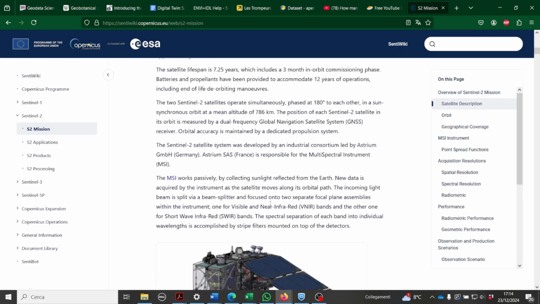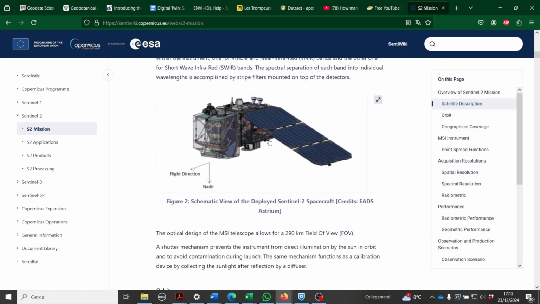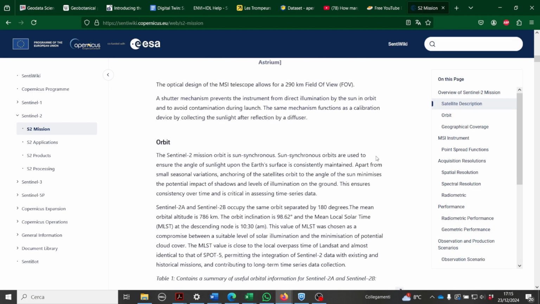The MSI, the multispectral instruments, is a passive sensor, and you can see here what is the design and what it is able to acquire. And this is the schematic view of the spacecraft with the solar panel and all the instruments in this kind of boxes here. And concerning the orbits, we already mentioned the fact that they have an orbit separation of around 180 degrees, and they have an orbit inclination of 98.6 degrees.